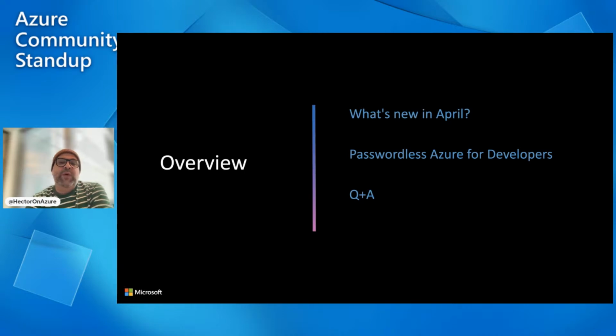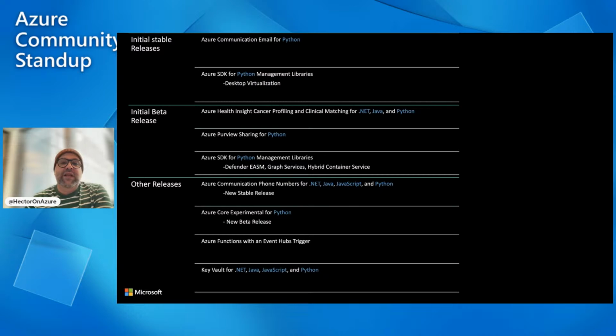So what's new in April? For the overview today, we're going to be discussing what's new in April. And the main topic for today will be passwordless Azure for developers. In April, we released several different data plane and management plane packages.